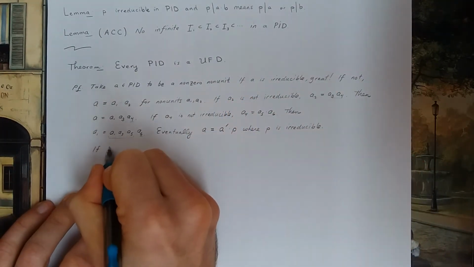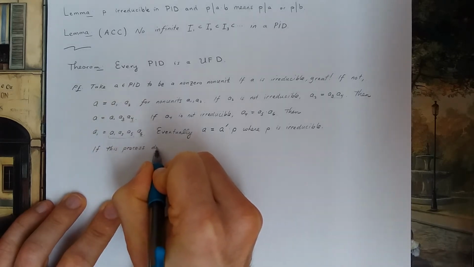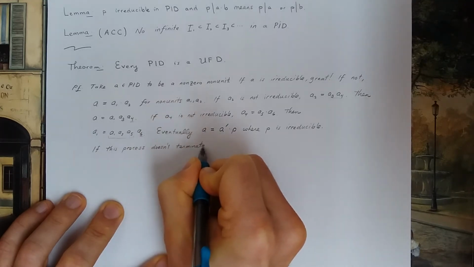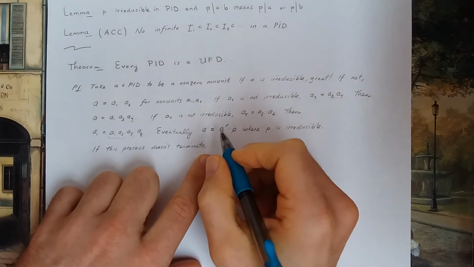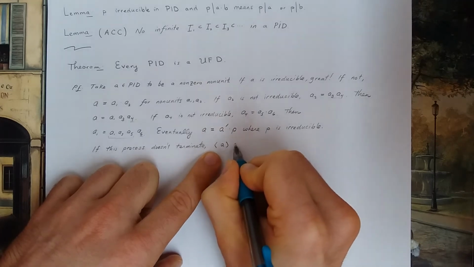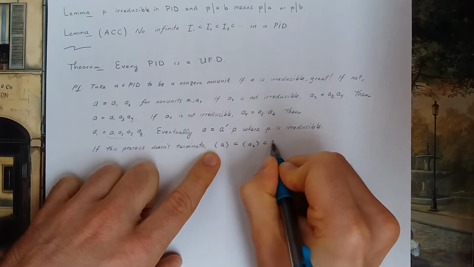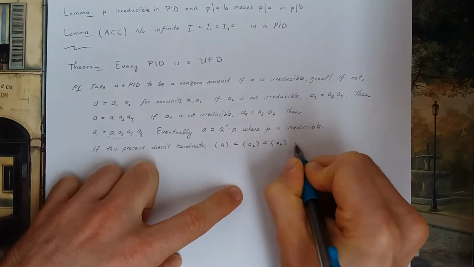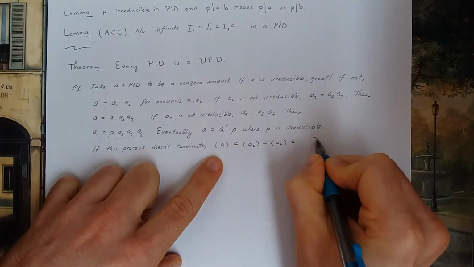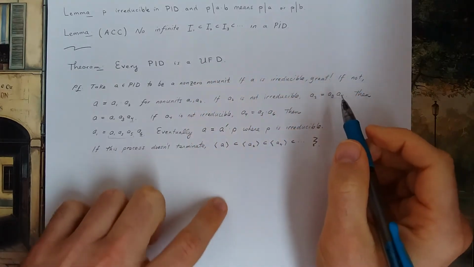Well, if this process doesn't terminate, then what we have is the ideal generated by A is strictly contained in the ideal generated by A2, which is strictly contained in the ideal generated by A4, and so on. That would be a strictly increasing chain of ideals, which can't happen in a PID.